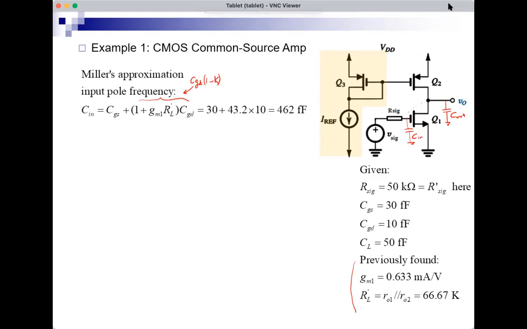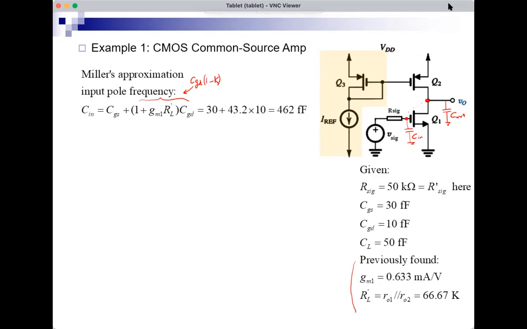We said that we use the Miller theorem, but really with an approximation that the value of K, which is the voltage here divided by the voltage here, we can use the value of K which we get at low frequency, which is minus gm R prime L. So 1 minus K is 1 plus gm R prime L. This multiplies CGD. And Cin would therefore be CGS, 30, plus (1 plus gm R prime L).